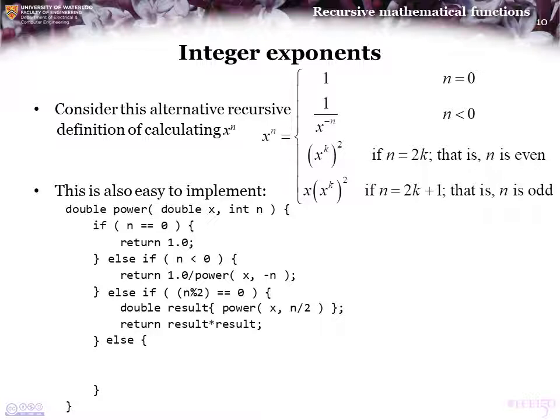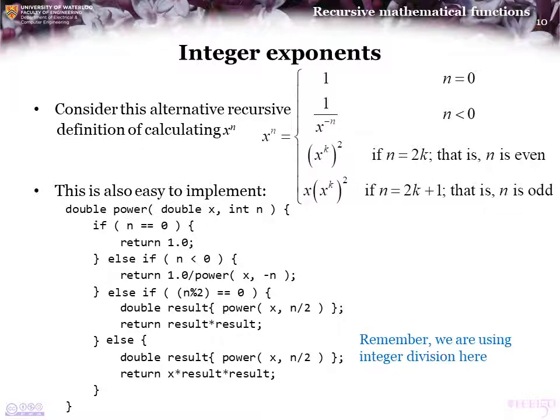Alternatively, the only other case now is that n is greater than 0 and odd. So, as before, I will calculate x to the n divided by 2, and remember, we're using integer division here, so if n is odd and it is divided by 2, the fractional part is thrown away.